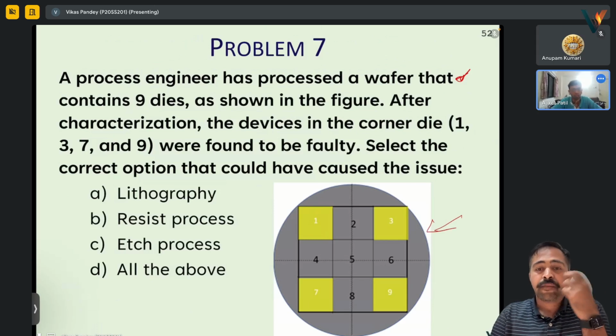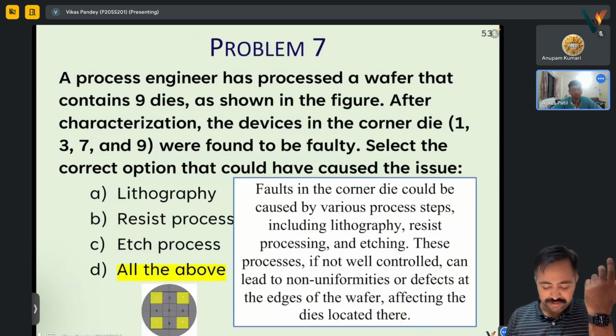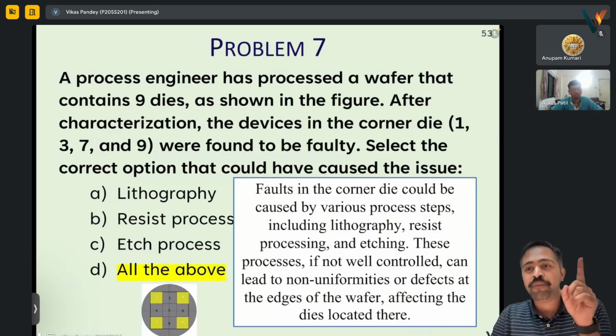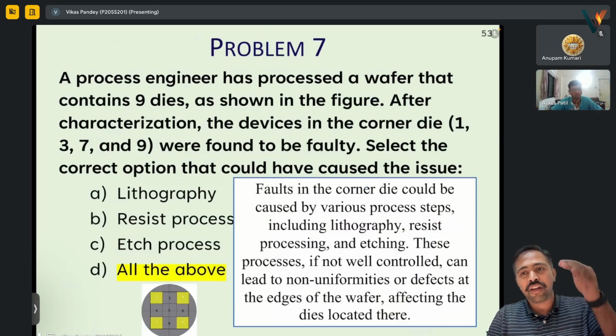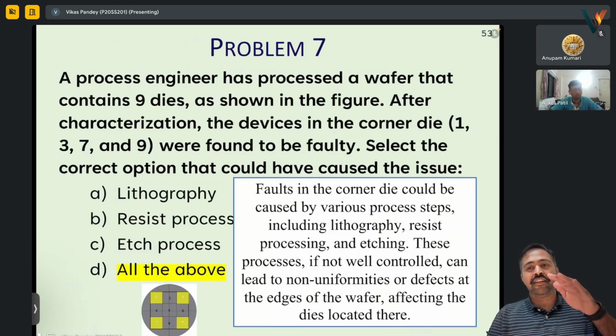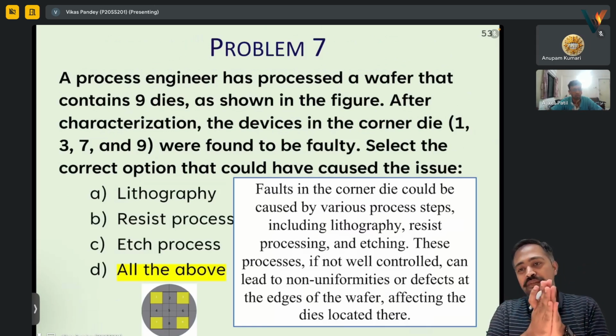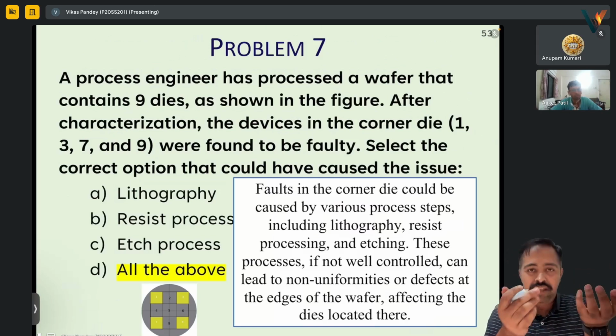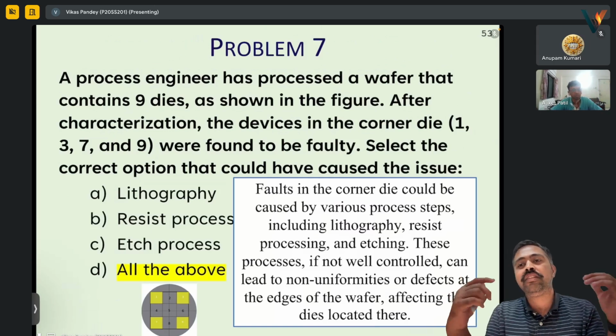In fact, if the lithography process is faulty, all other processes will also be faulty. If the resist was coated improperly, it might happen that at those points the resist was thick.